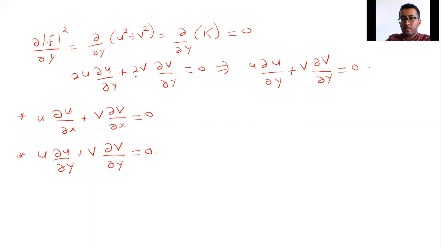So we are given that the modulus of function f is a constant, and I use that fact to obtain these two equations, right? I will take this equation as 1 and this equation as my second equation, right?